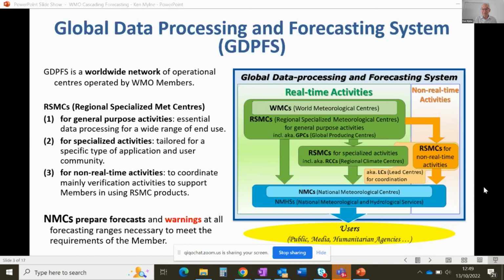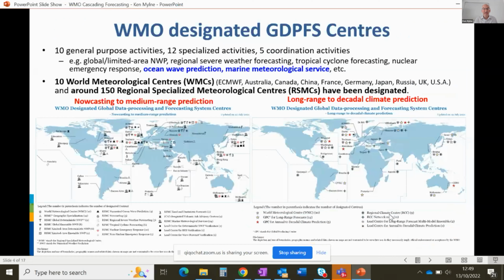At the bottom of this diagram, we've got the national meteorological centres, which should be in every country to provide weather forecasts and services in those countries. Again, I don't expect you to see all the detail in here, but these maps just give a broad indication of the number of different RSMCs and World Met Centres that there are around the world.